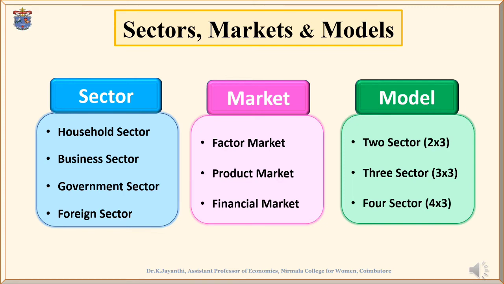The second sector, business sector, includes all the business entities, corporations, and partnership firms. The primary function of the sector is to produce goods and services for the sale in the market and make factor payments to the household sector.